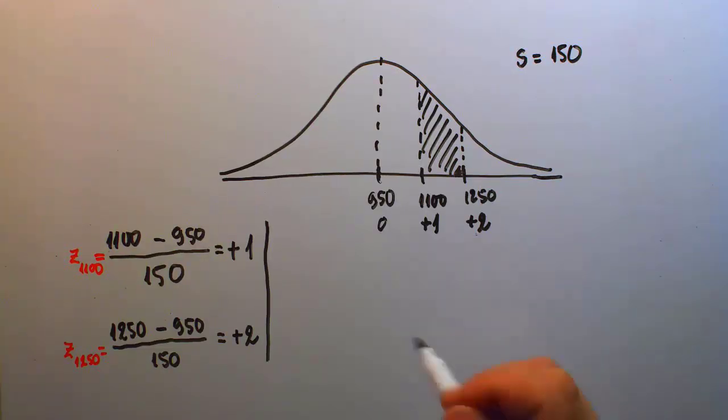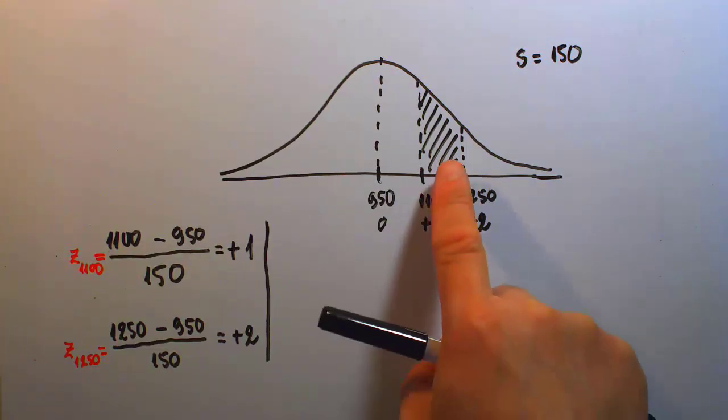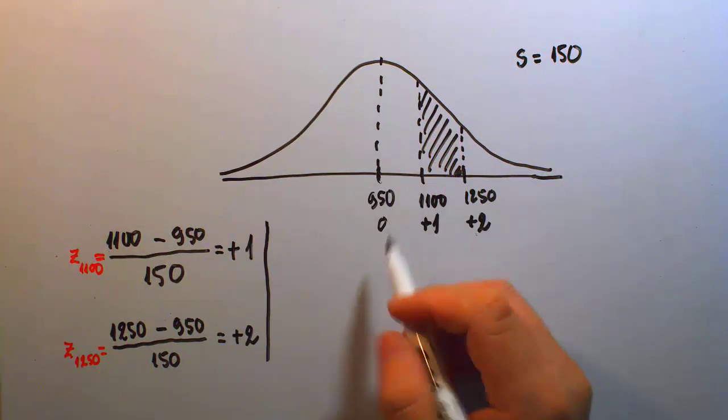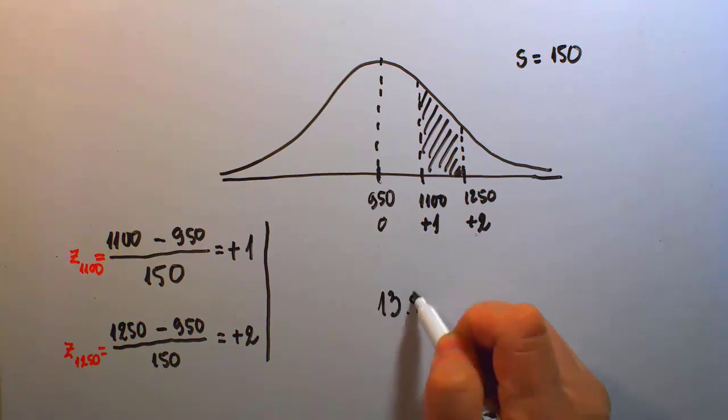Taking that as the reason, our answer for the shaded area in this interval is 13.5.